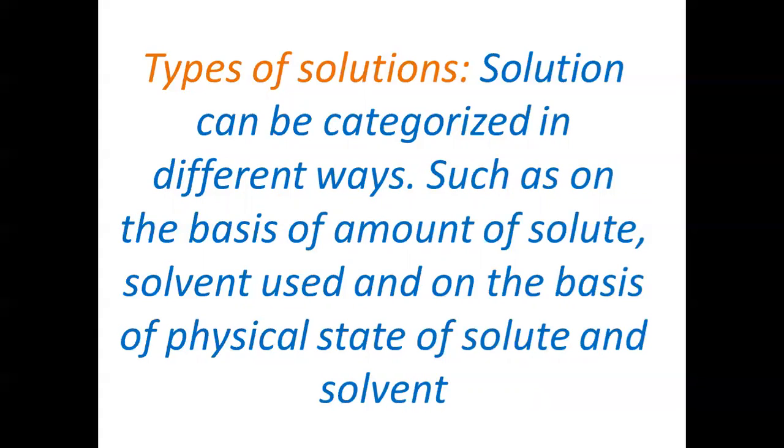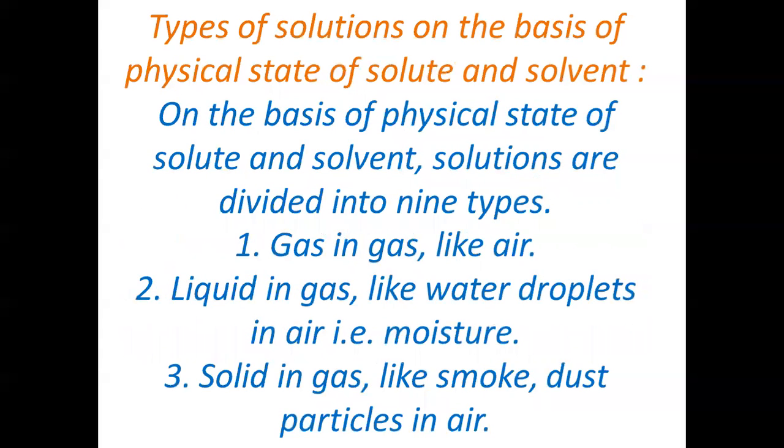You know that matter exists in three different physical states or forms: solid, liquid, and gas. Because in a solution there are two components, solute and solvent, both may exist in three different states. Therefore, in total we will have 3 into 3, that is 9 types of solutions.